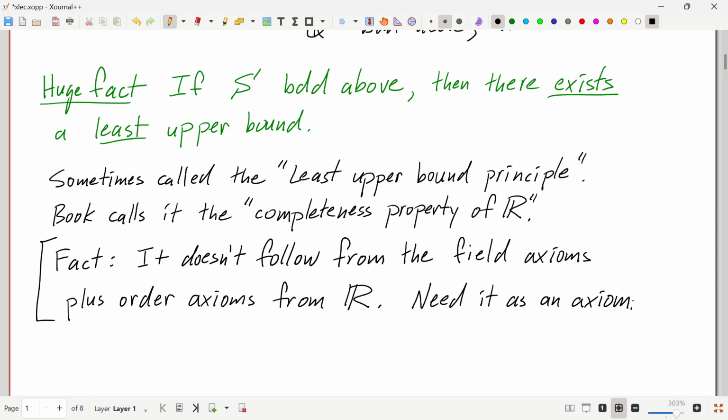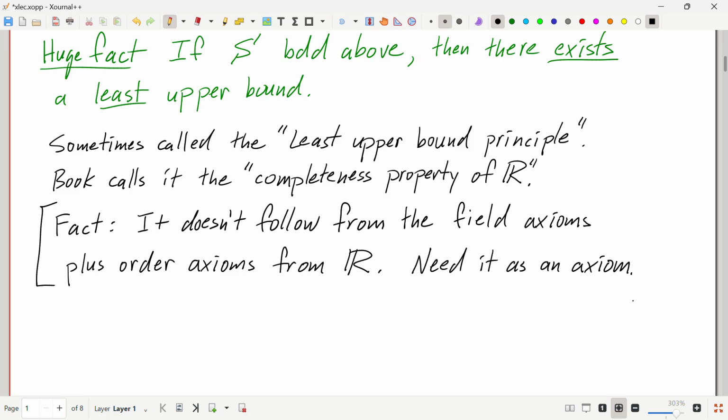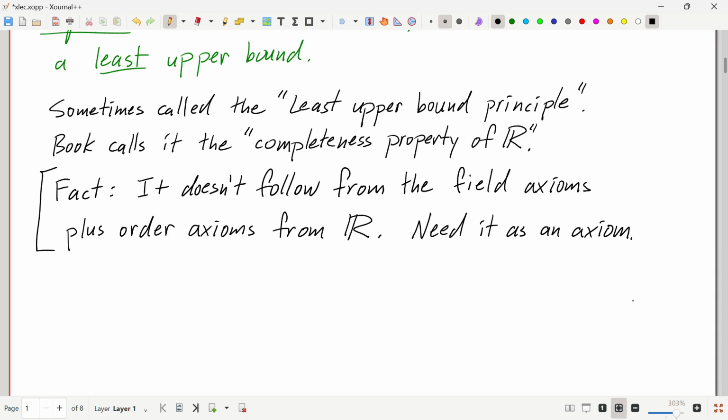Okay, so a wonderful thing that Dedekind did is he showed, if you understand the real numbers in a certain way, you can show that it's a consequence of the definition of the real numbers. So it's hard to talk mathematically about the line I draw on the board.